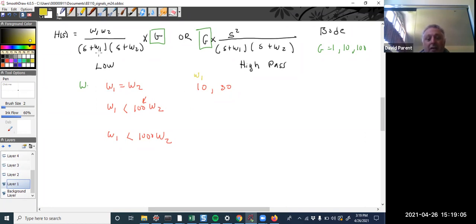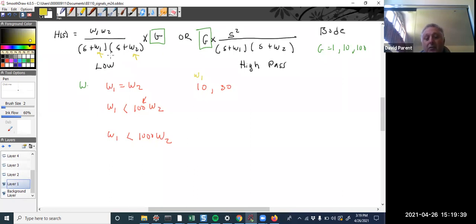In here I'd see 2 separate numbers that are completely real, so I know it's going to be overdamped, which can help a little bit with the Bode plot, and I'm probably looking for 2 break frequencies. The fact that there's no S here makes it low pass. The fact that this is S squared makes it high pass.